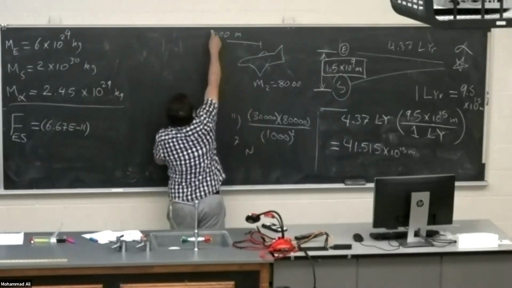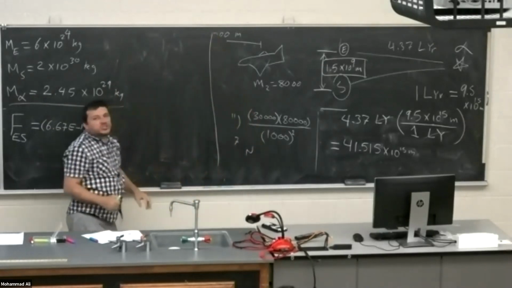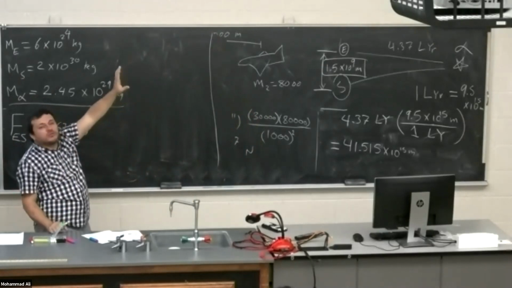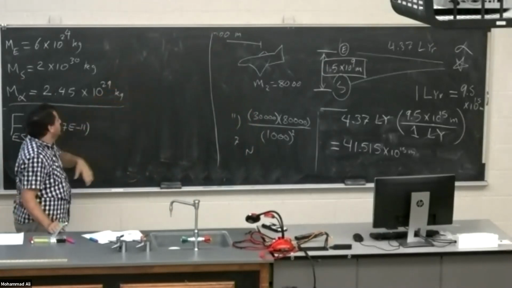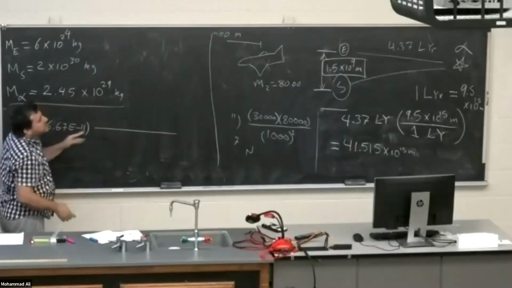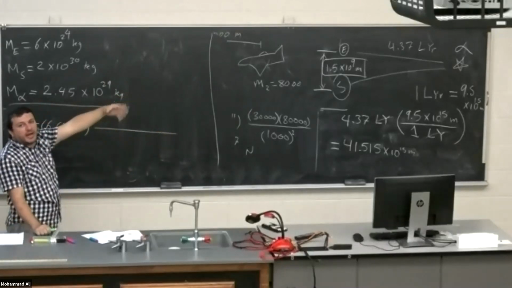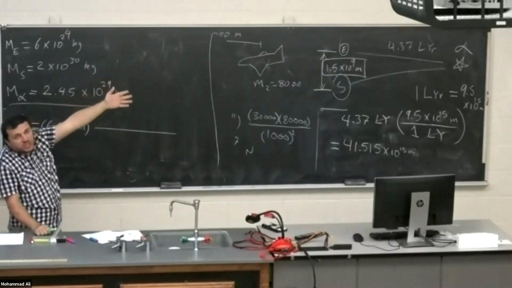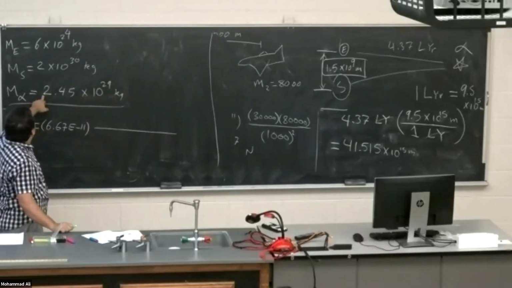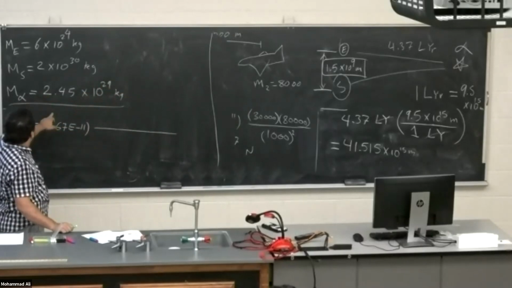I need to compare now the force from the sun on the Earth and the force from the far star on Earth. If it is a black hole, for example, or a galaxy, the mass will be much higher than this.